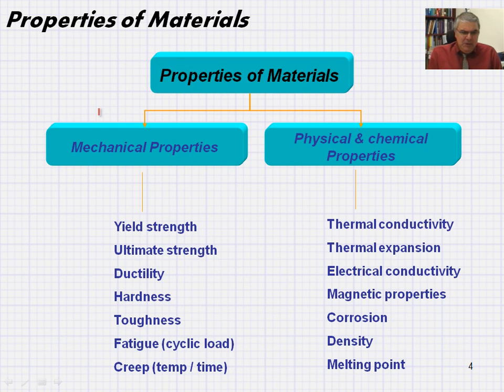Mechanical properties include yield strength, ductility, hardness, ultimate strength, and so on. Physical and chemical properties include thermal conductivity, thermal expansion, corrosion, density, and so on. Both mechanical and physical properties of the material are very important in material selection and material engineering.